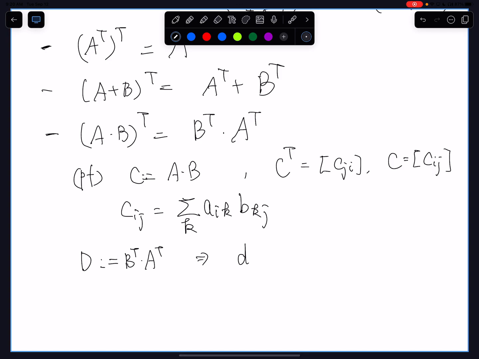Then Dij is gonna be the summation over k of, what is the B transpose? So that's gonna be B transpose ik times A transpose kj, right? But that's gonna be the same as, what is B transpose ik? That's B ki, right?